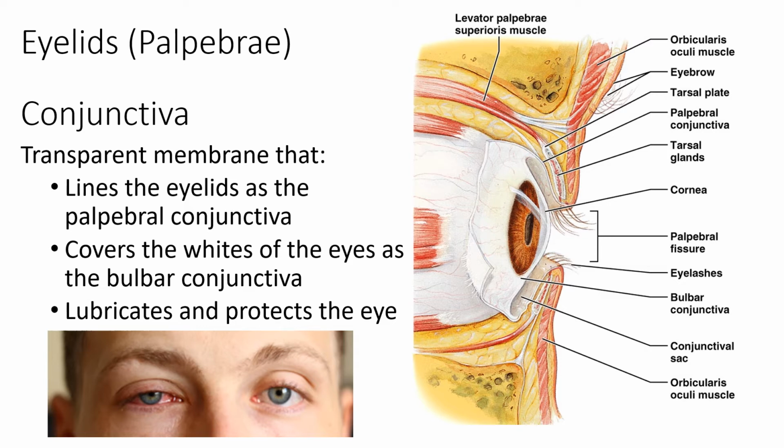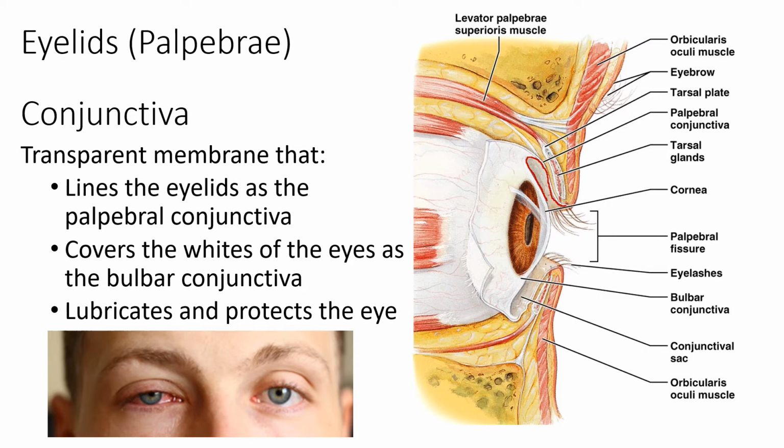But we've got conjunctiva here on the inside of the eyelid, and that is continuous with the white of the eye here. So we have this continuous mucosal layer that is making the eyeball and the inside of the eyelid nice and slippery.